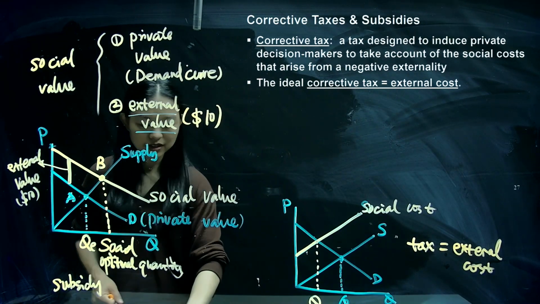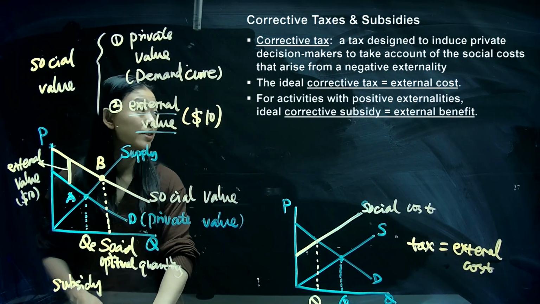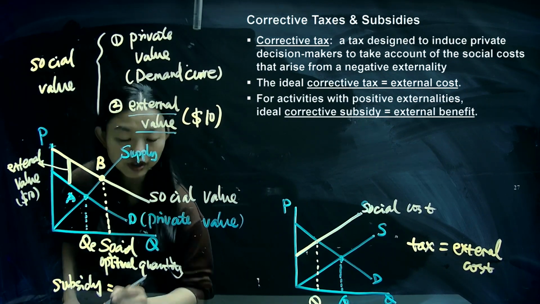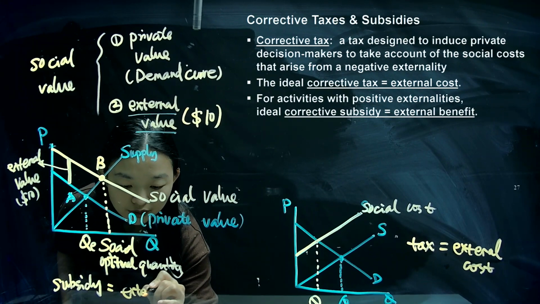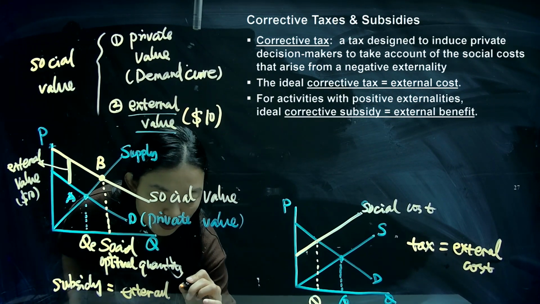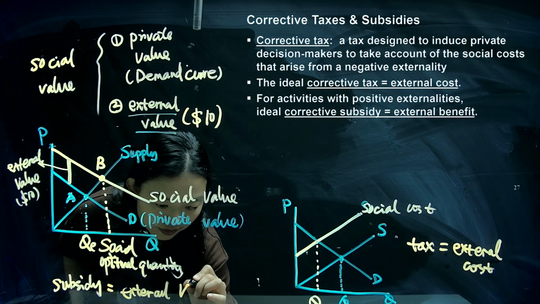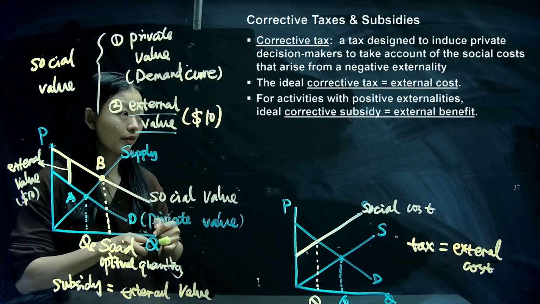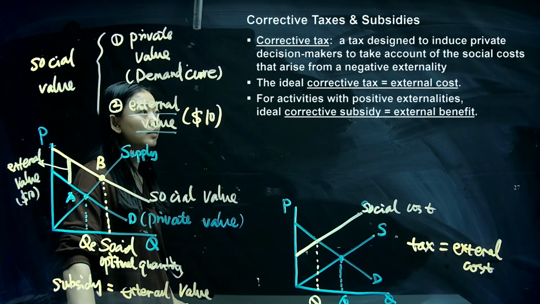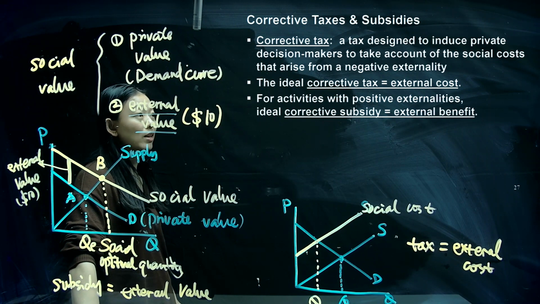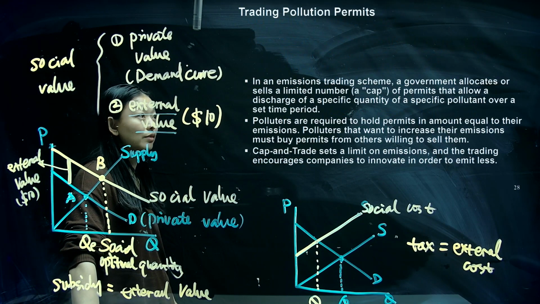And the ideal subsidy will equal the external value or external benefit. So this is for the corrective taxes and subsidies.